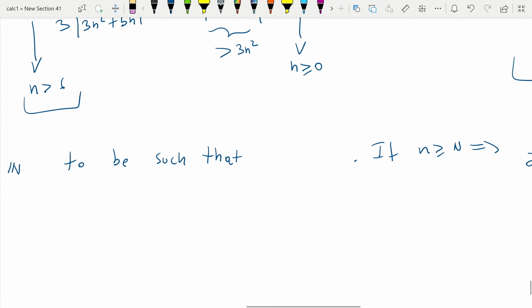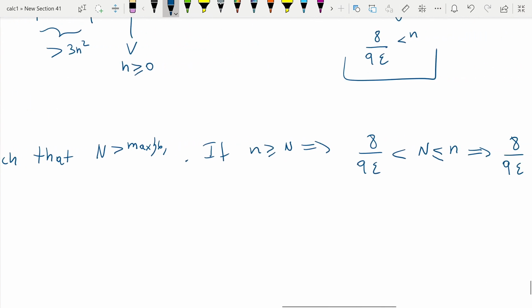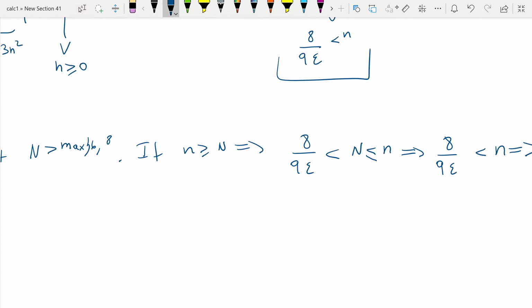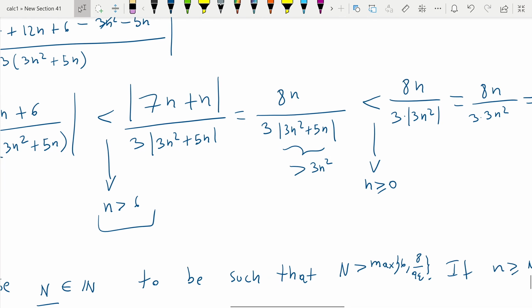Not only that n is greater than that, but n has to be greater than the maximum between 6 and 8 over 9 epsilon.